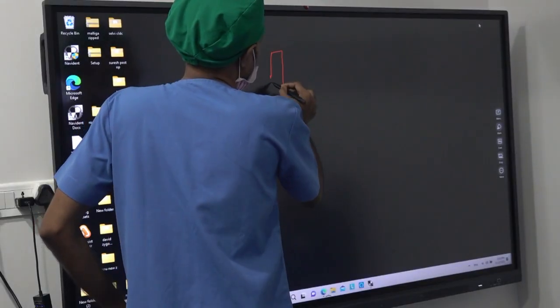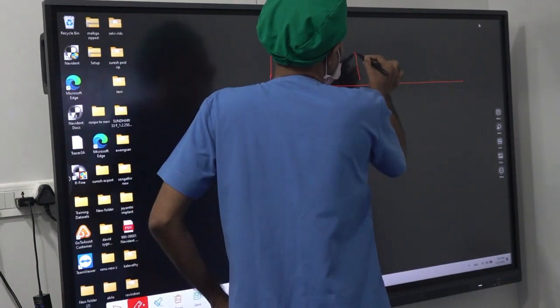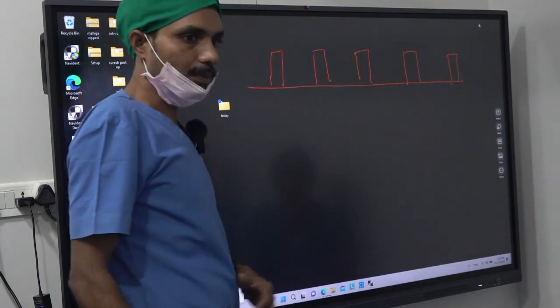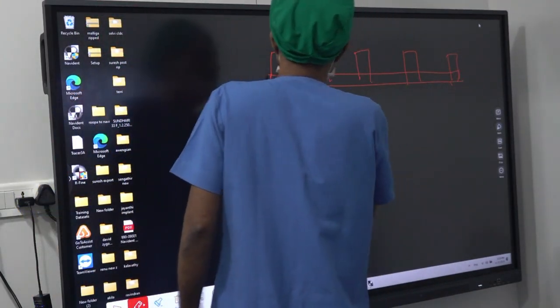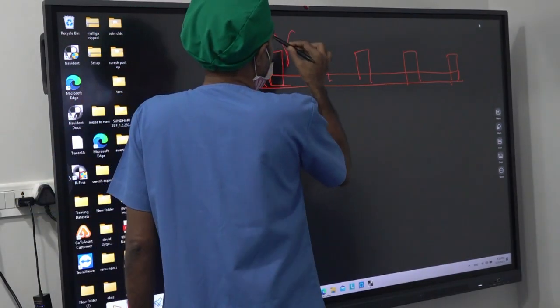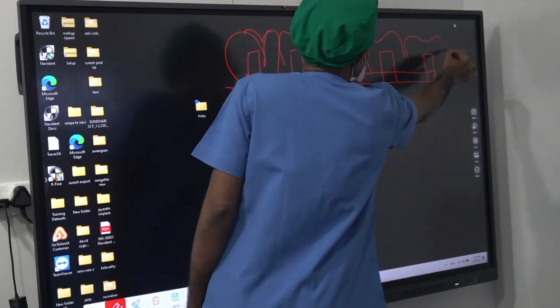Either lower jaw or upper jaw, whatever it is, you are placing 6 single piece implants, you are doing a welding, connecting them, and giving a prosthesis for this. This is one type.